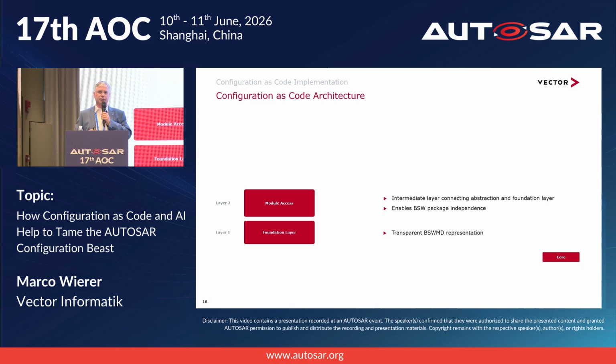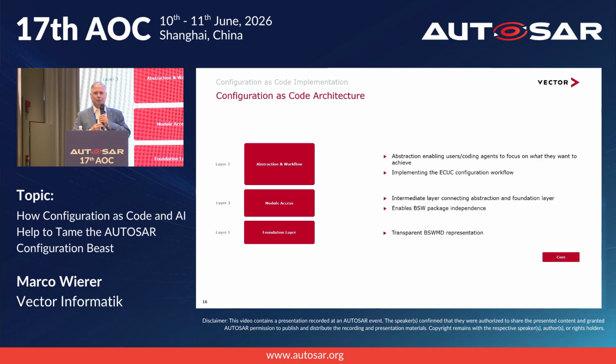In case there is an update of the AUTOSAR version, for example, we can use this layer to hide any incompatibility. Sorry, complicated word. And on the third layer, we have a high-level abstraction. This can be used to implement really complex abstractions, things like, I want to move some basic software components from one core to another. And this can then be done in just one AI prompt.